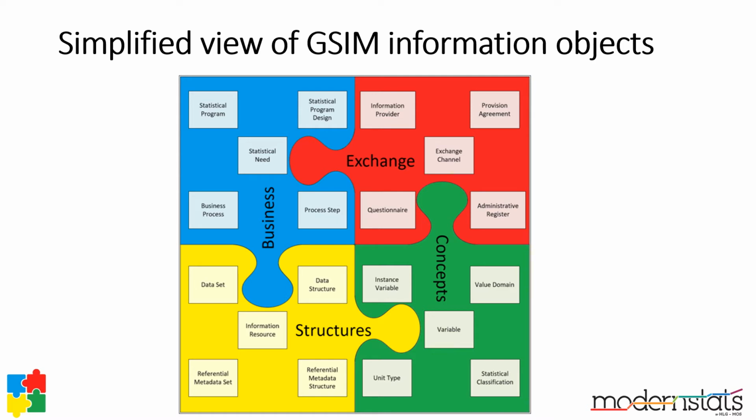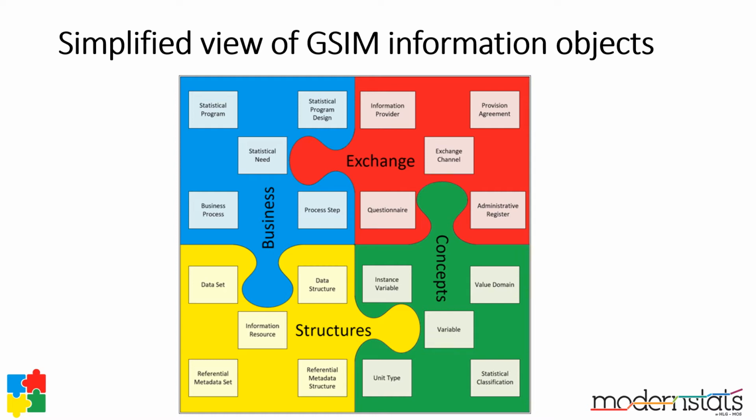So here we have a simplified view of GSIM information objects. Here we've just shown 5 information objects in each group. And in the course of today, we'll be looking at these in more detail. So beginning with the most familiar group, the concepts, you can see that we have the variable, we have unit type, we have statistical classification, the value domain, and an instance variable.